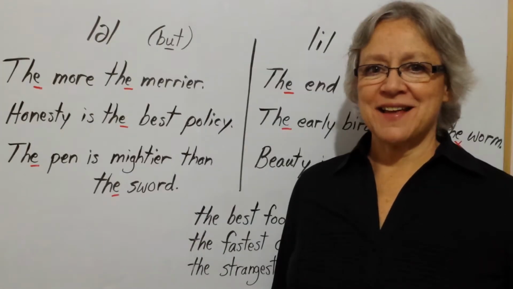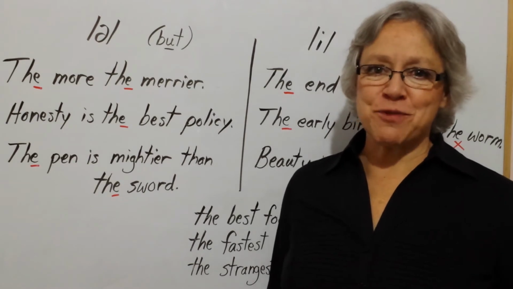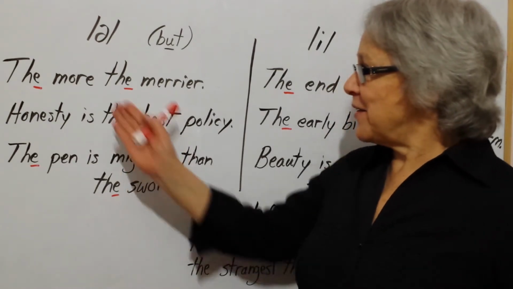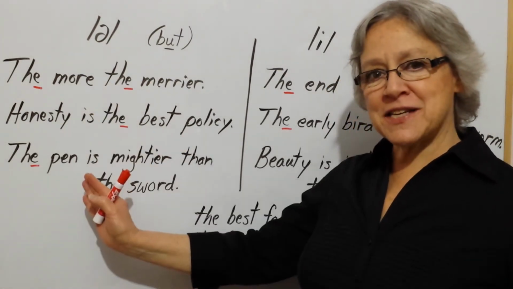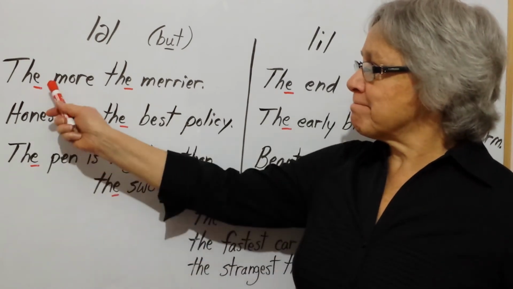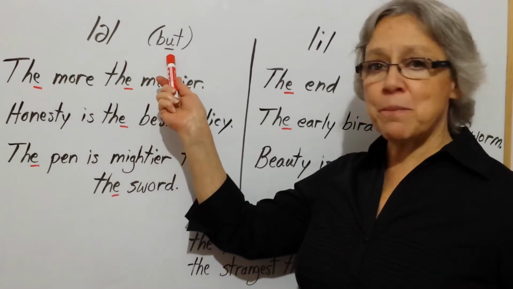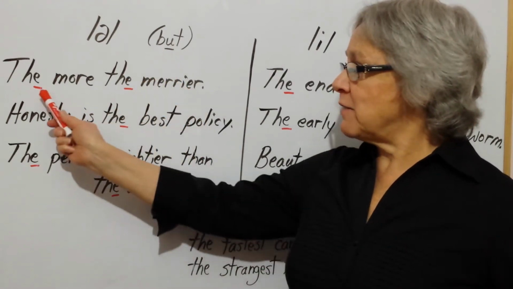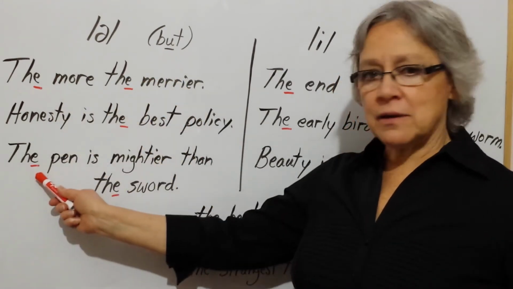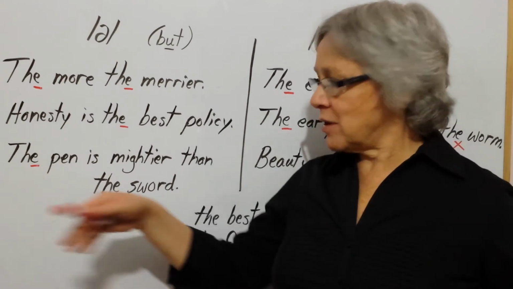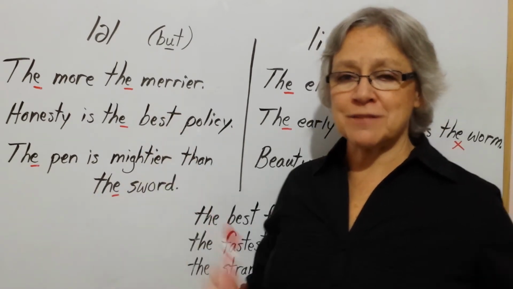Okay. Here are some sentences and phrases to practice saying with me. These three on this side use the pronunciation for the as in the word but, okay? And I have underlined the letters E in the word the that have this pronunciation.